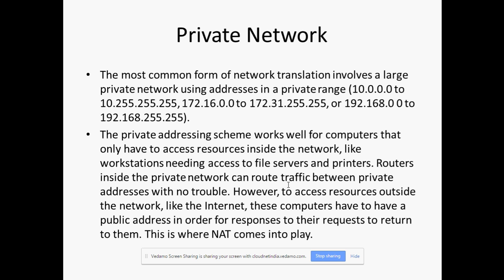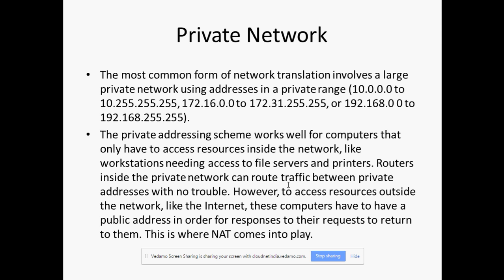In class B, 16 networks are reserved for private purposes, from 172.16.0.0 to 172.31.255.255. And in class C, a total of 256 networks are reserved for private networks.